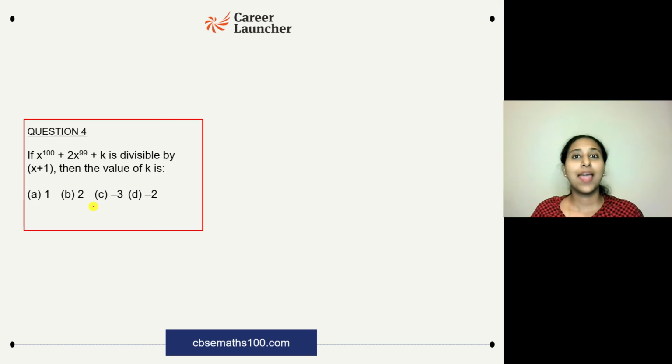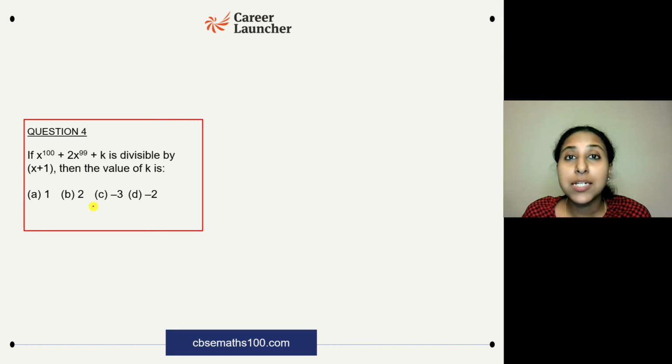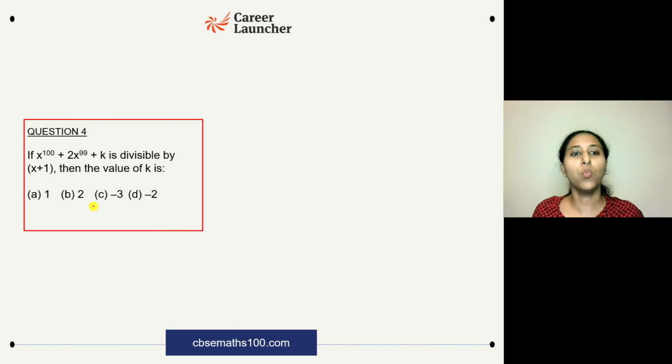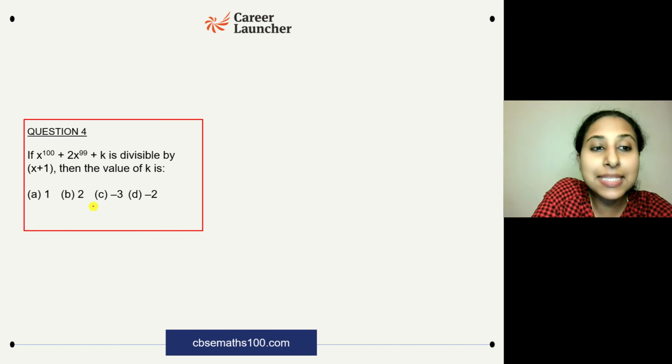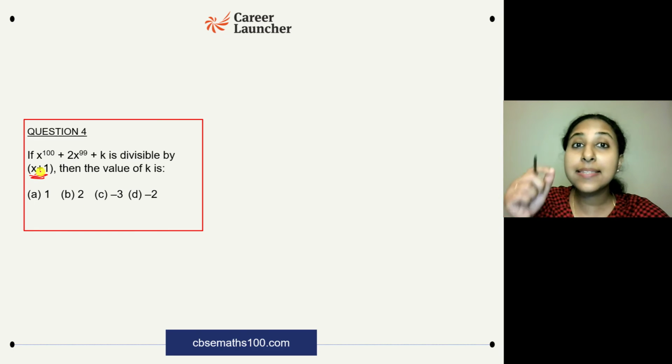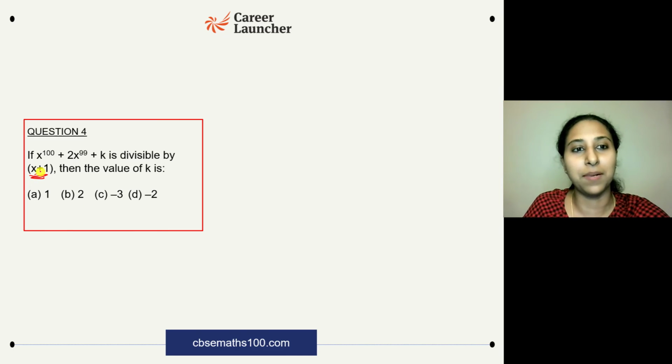Next question. If x to the power 100 plus 2x to the power 99 plus k is divisible by x plus 1, what is the value of k? When I'm saying a polynomial is divisible by another polynomial, it means the second polynomial is a factor of the first polynomial.